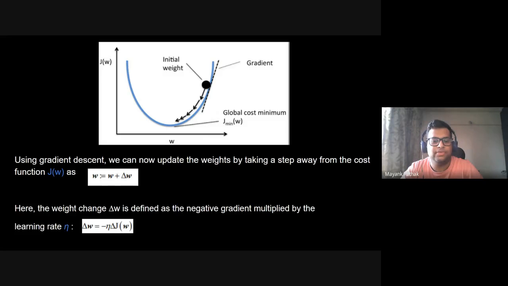That is, w, the weights, plus the change in the weights, right? But here the change in weights is the negative learning rate times the gradient of the cost function.